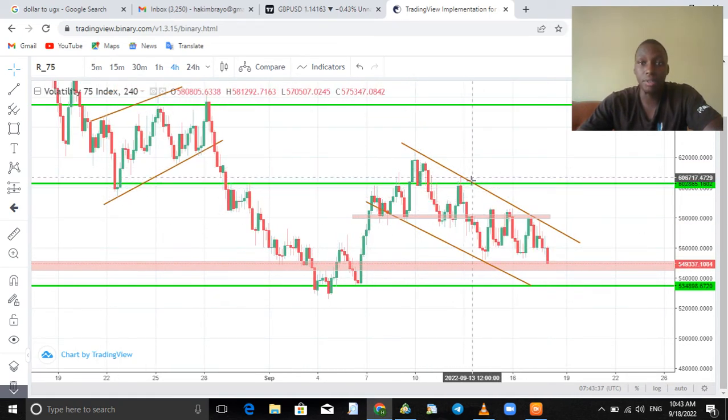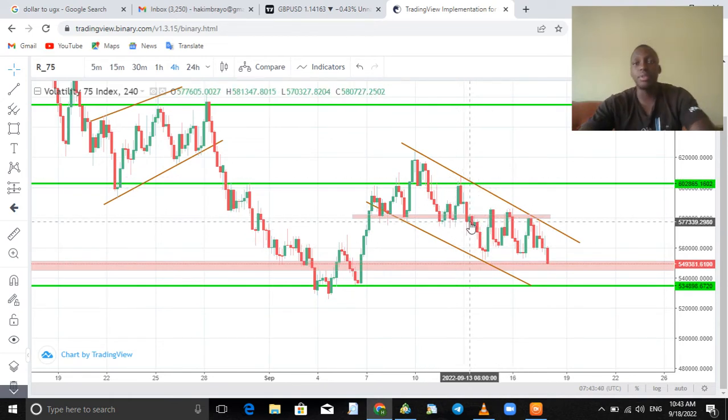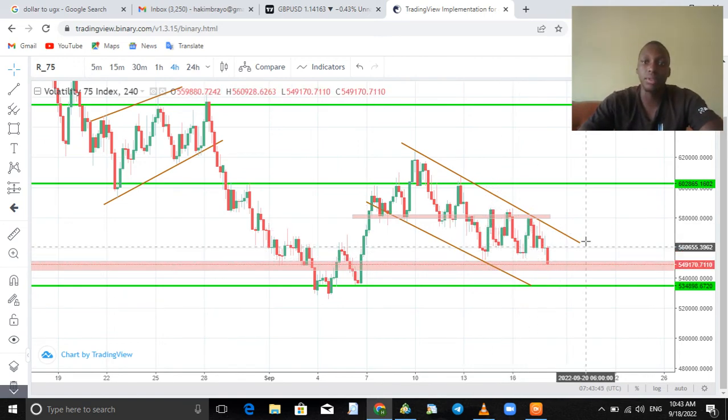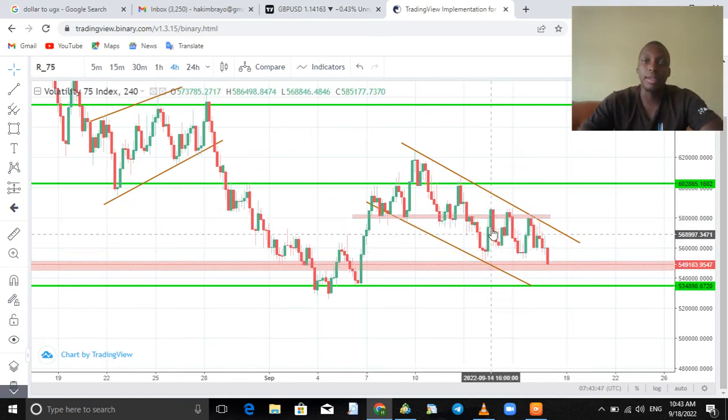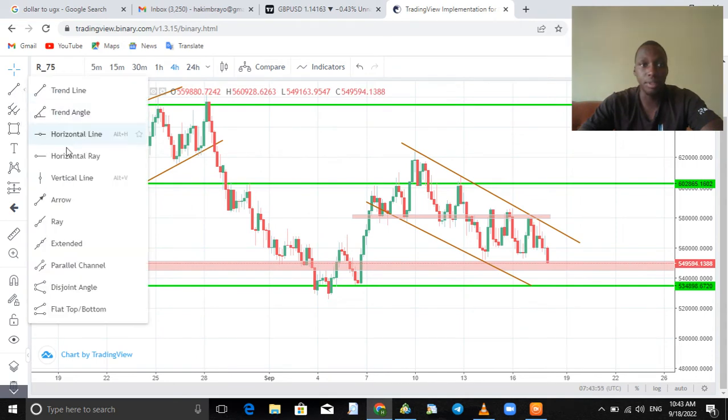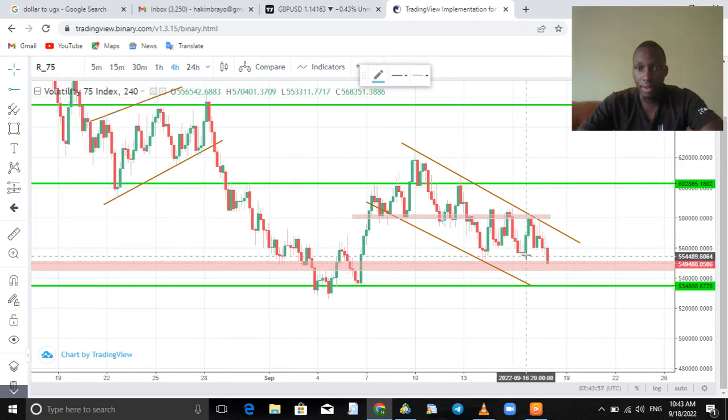After this head and shoulders pattern formed, the price dropped from this price to this price, and we had a little consolidation whereby the market was ranging around this region. But now we can see the pair has completely broken this particular level.